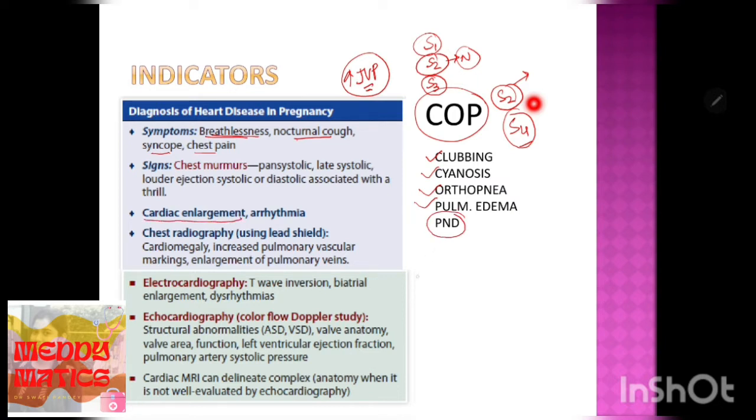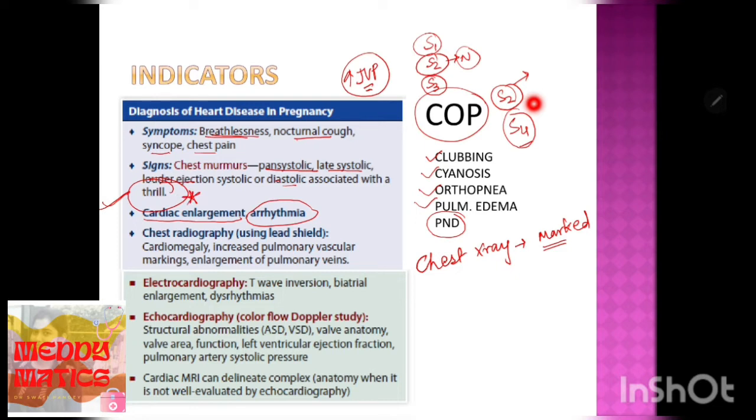When you look at a chest X-ray, you will get marked cardiomegaly. Normally you will get mild cardiomegaly, but here you will get marked cardiomegaly, and any sort of arrhythmias. Murmurs include pansystolic murmurs, late systolic, a louder ejection systolic murmur, and a diastolic murmur associated with a thrill.